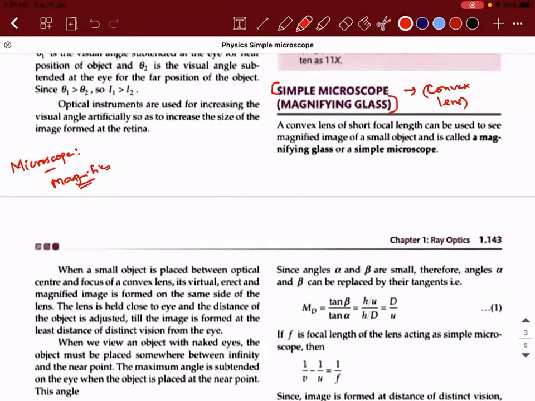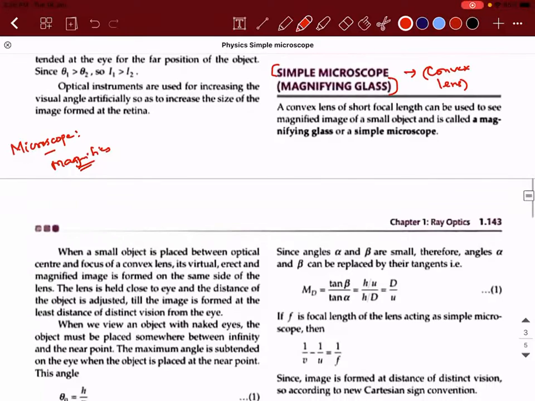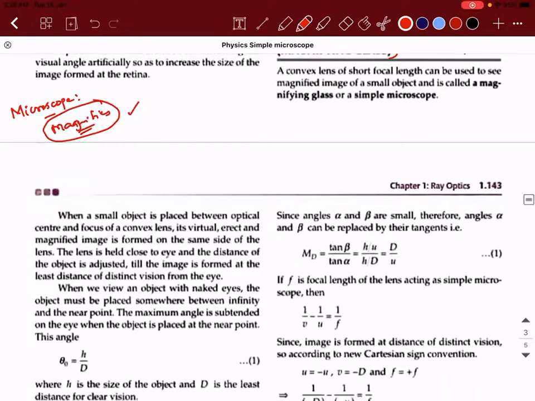So when it has to magnify something, I have to say that the image size is greater than the object size. That is when we can say it is a magnified image. Secondly, all these devices, the microscope or telescope, will always form a virtual image. Have this point in your mind.